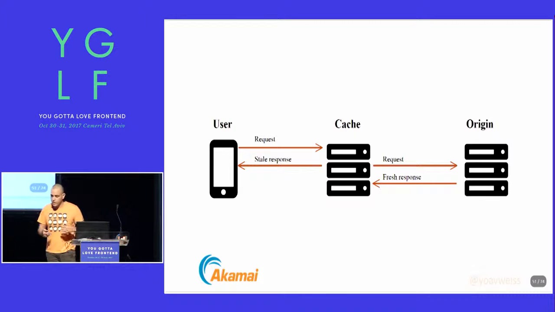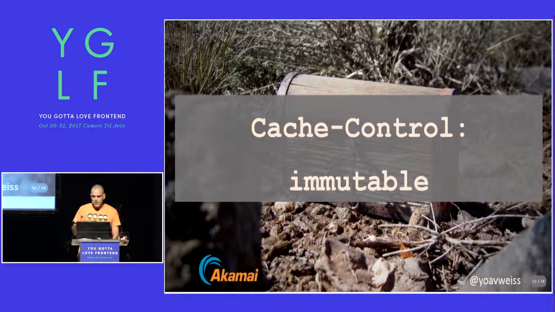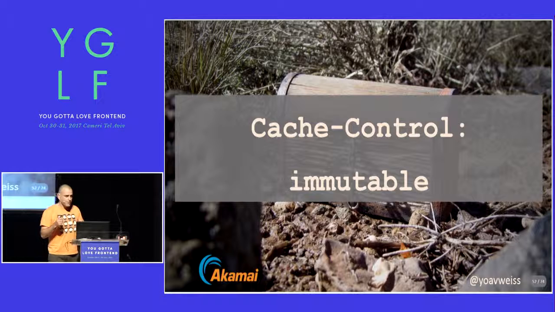So the first user will get a stale response, but following users will get a fresh response that the cache has fetched in the meantime. And cache control immutable is another new directive that enables you to tell the browser this resource will never change. If it will change, we will change its URL and all the references to it. So the browser never has to revalidate that resource.